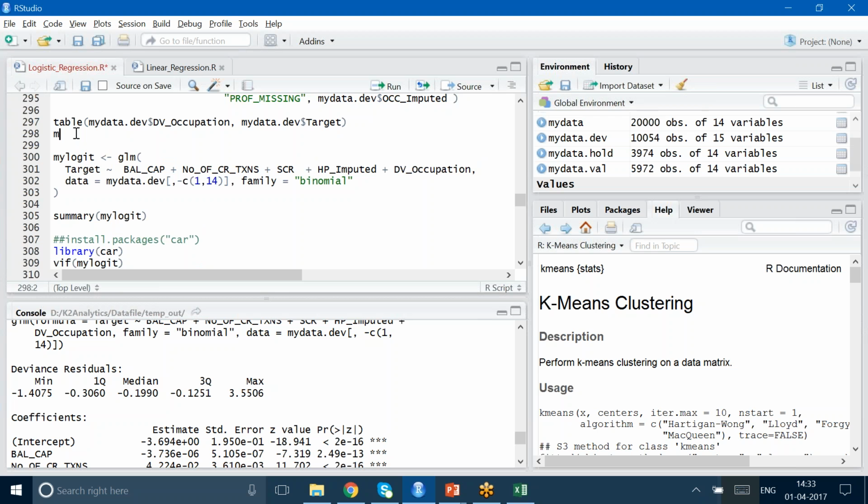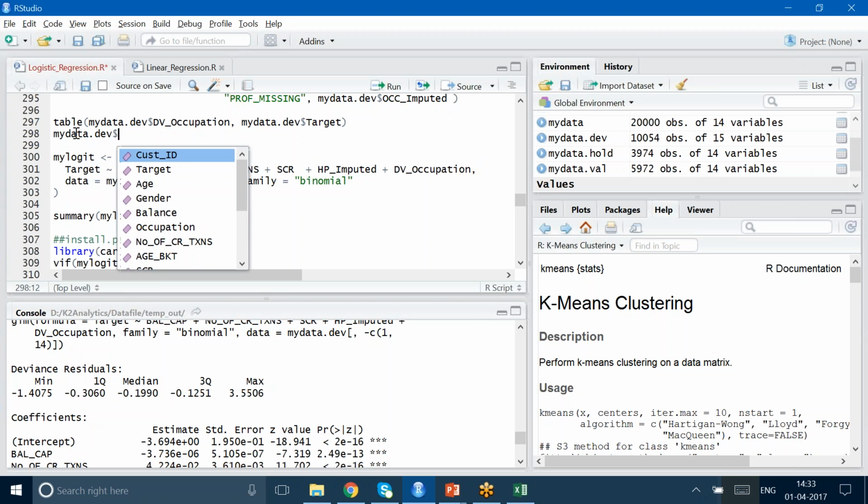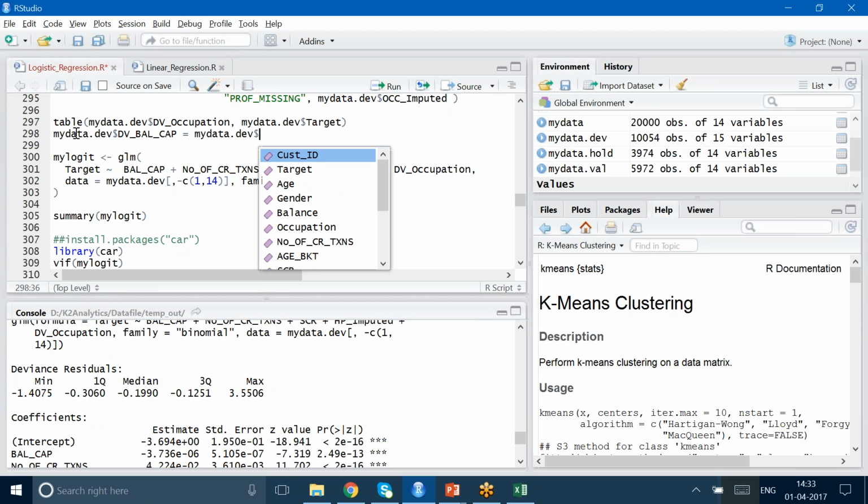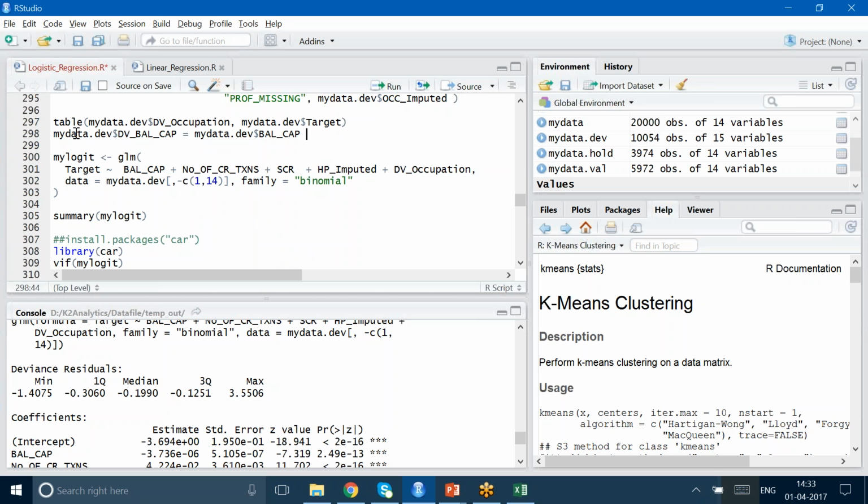we are working with mydata.dev. dollar dv valcap. Okay, so I'm now doing it equal to mydata.dev dollar valcap divided by say 1000.